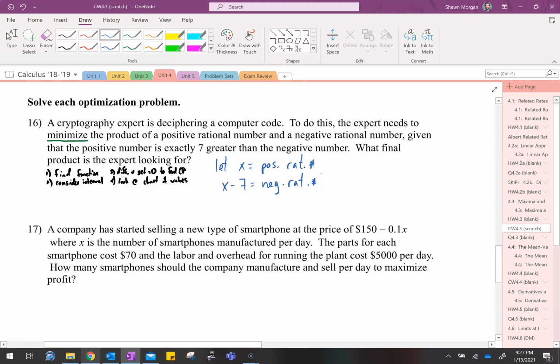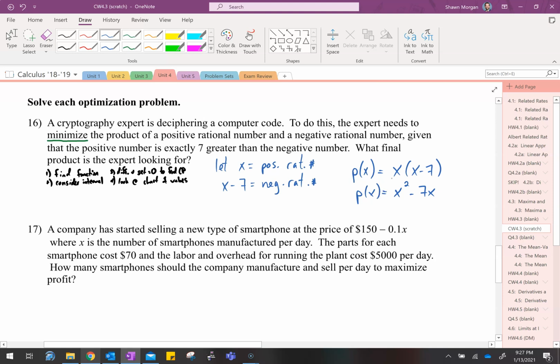We want to minimize their product. If we call this function product p of x, then it's just x times x minus 7, and that's what we want to optimize. So this function looks like x squared minus 7x. That's a quadratic function.